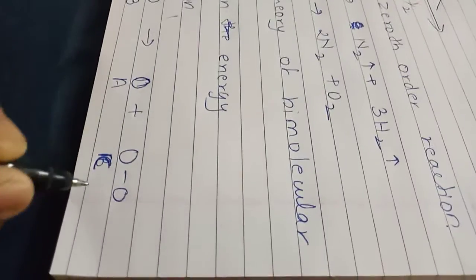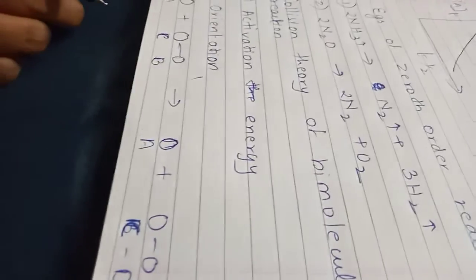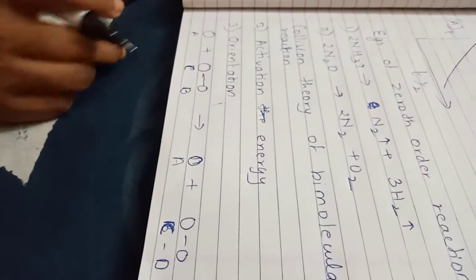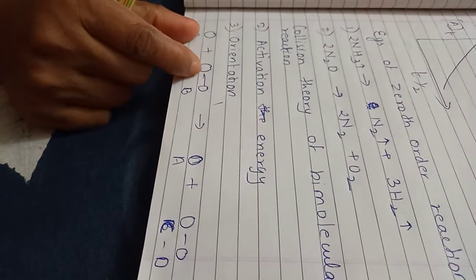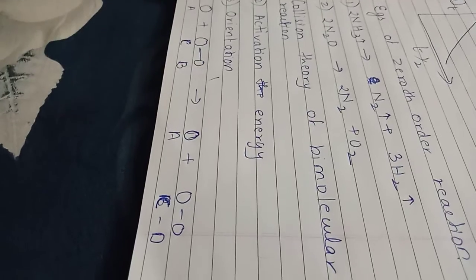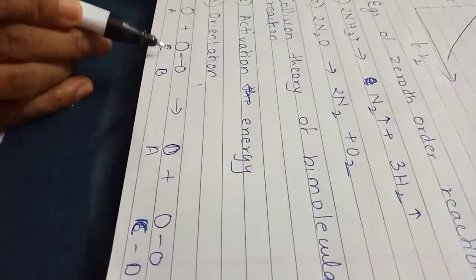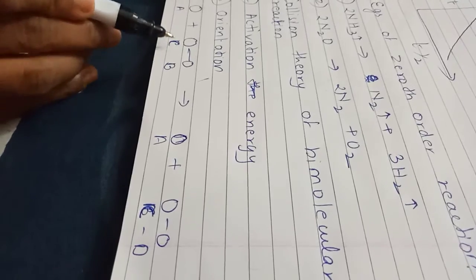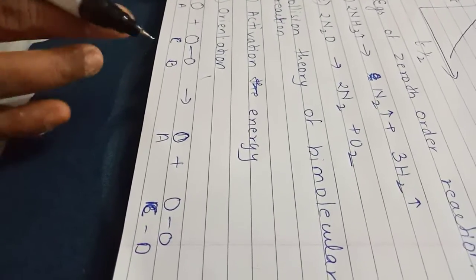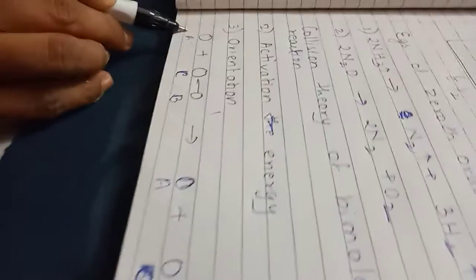The orientation of the reactant molecules should be such that the molecules which react should collide. So if you take a reactant A and make it react with another reactant molecule BC, the reaction is not possible because C will never react with A.